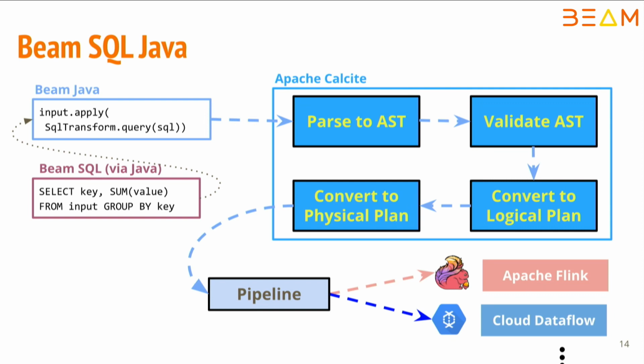Beam will then wrap your query with Calcite, which will do the parse, the validate, and convert it to a physical plan, which will then get converted back into the transforms required in Beam, and then that'll get embedded into your pipeline.